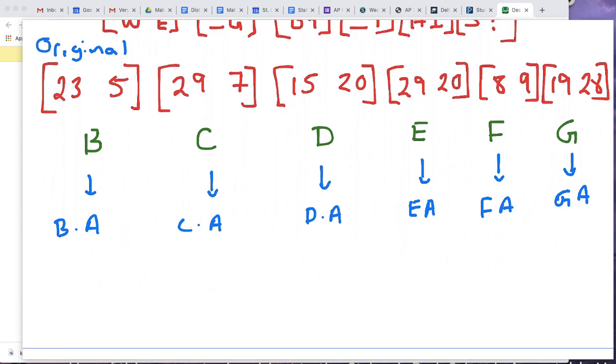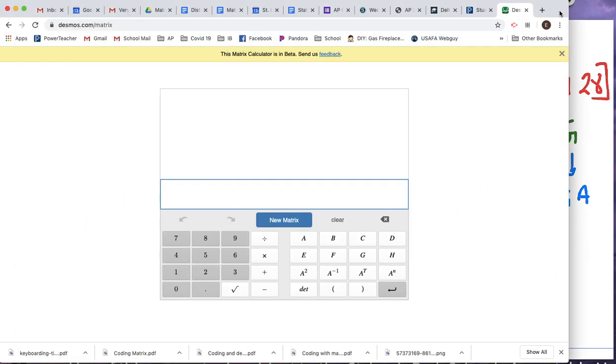So this would be the version that would be jumbled up, the message that's jumbled up, that somebody on the other end would need our coded matrix to undo and then get a message from us. So we're going to do this all on our calculator, because this is a lot of multiplication that the calculator will do for us. But we do have to set this up.